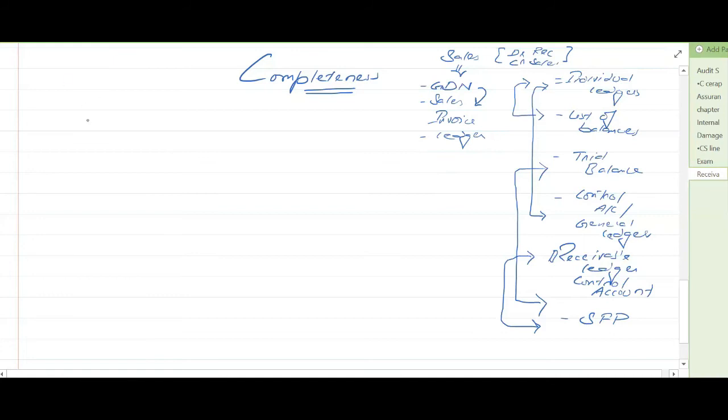So how we can write the procedure: select a sample of goods dispatch notes. This is known as the GDN.